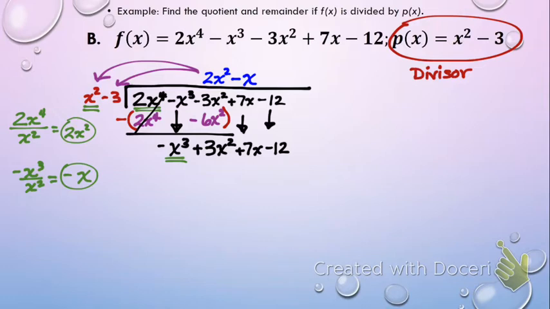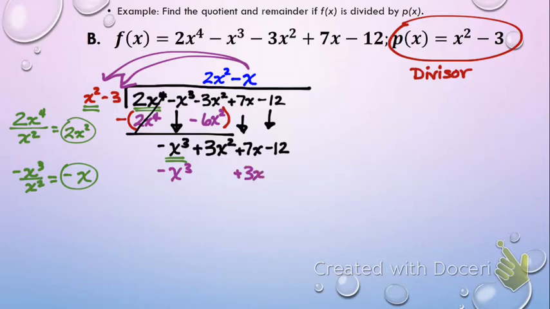Then I'm going to take that minus x and distribute it. Negative x times x squared, I get negative x cubed. Negative x times negative 3, negative times negative, so I get a positive 3x.